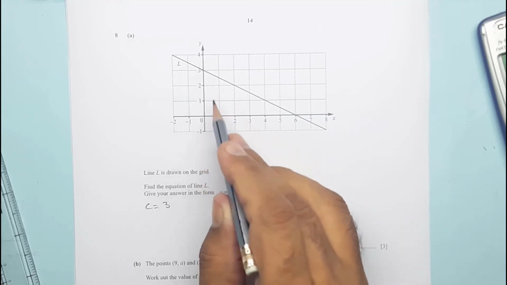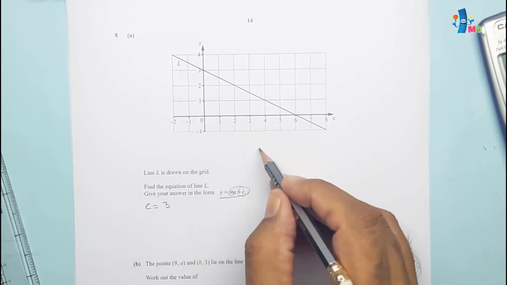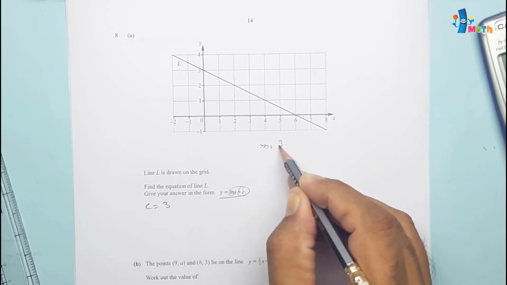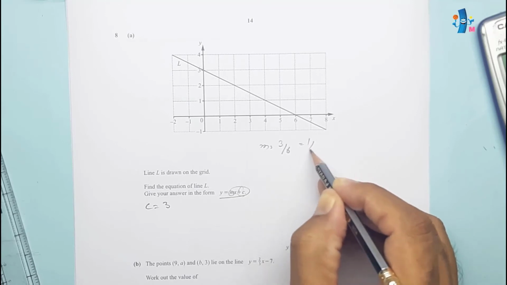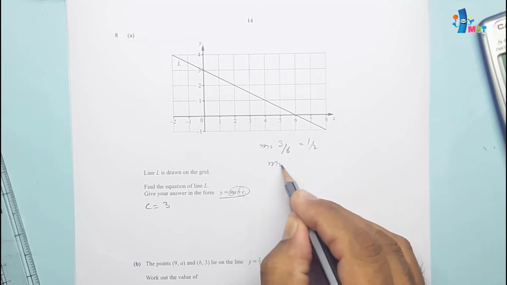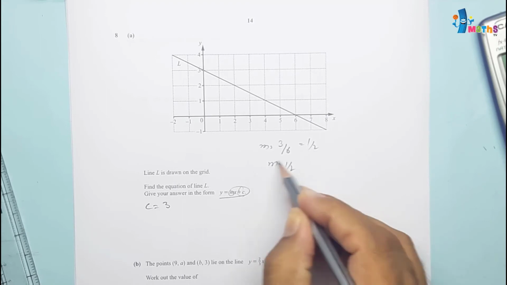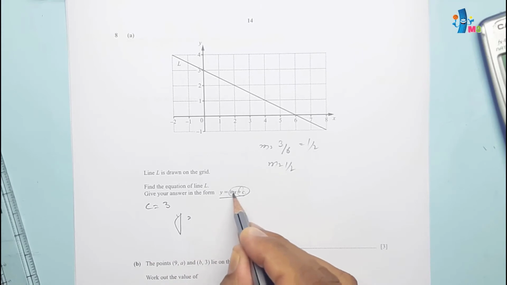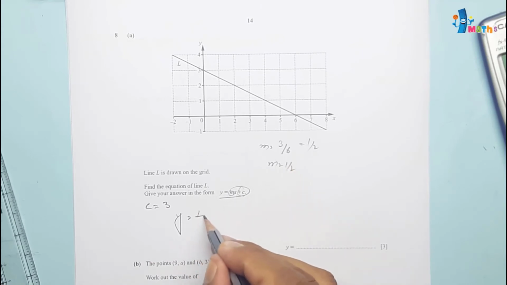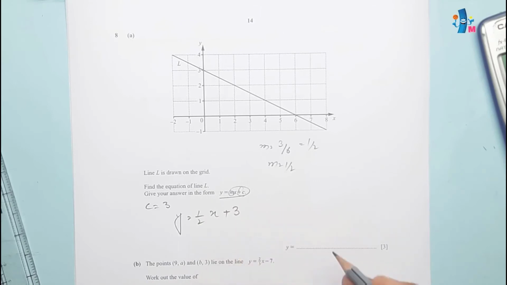Gradient will be rise over run. Rise is 3 units, so m is equal to 3 over 6. So this will be 1 by 2. So m is equal to 1 by 2. We will use this m value and c value, and we will write the equation y is equal to mx plus c. m is 1 by 2 and c is 3, so we will write 3. So our answer will be y equals 1 by 2 x plus 3.